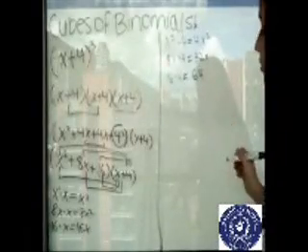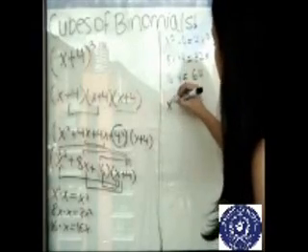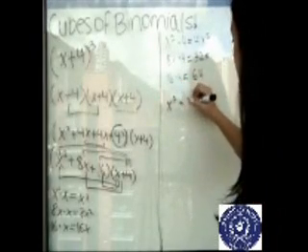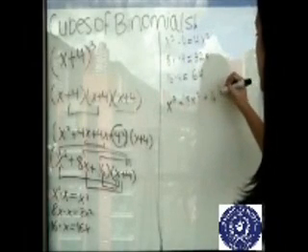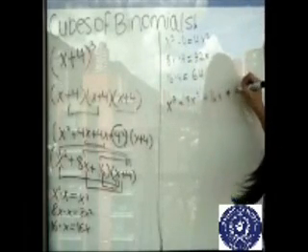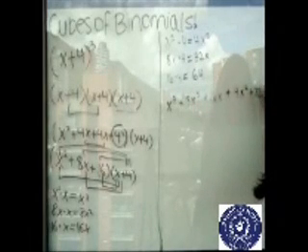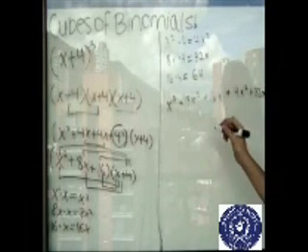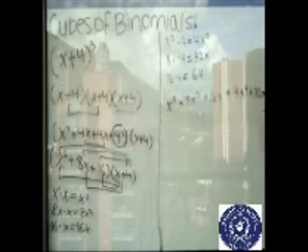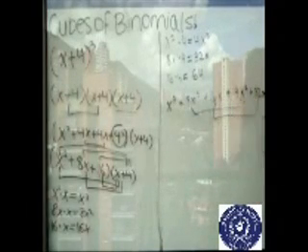Now we are going to write it as an equation. So x cubed plus 8x squared plus 16x plus 4x squared plus 32x plus 64. We can see that there are matching terms, so we can join them together. These 2 and these 2.